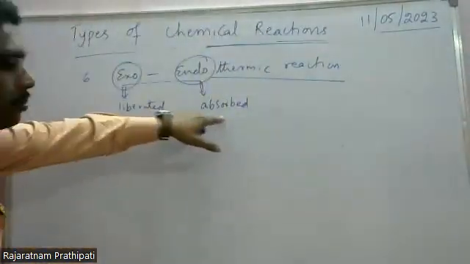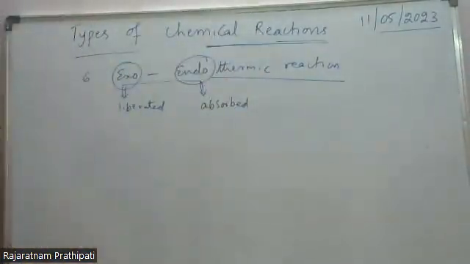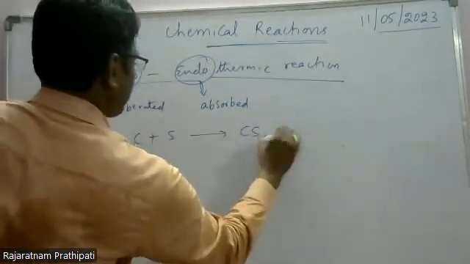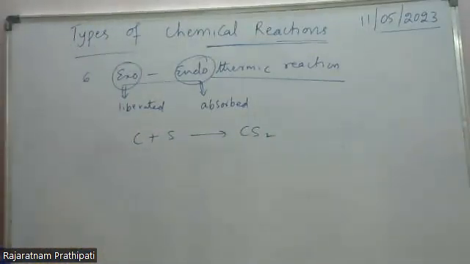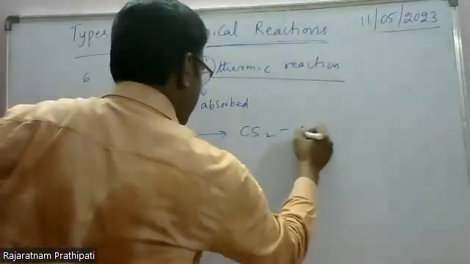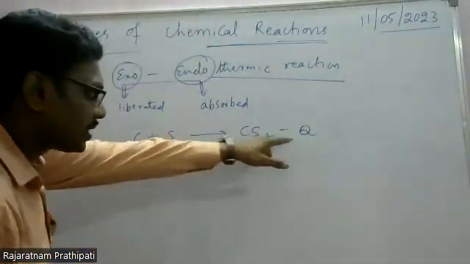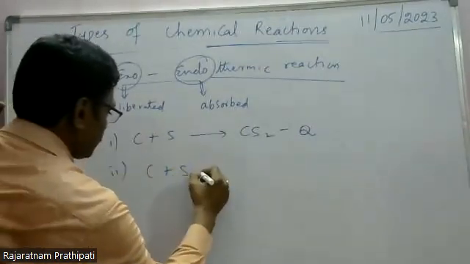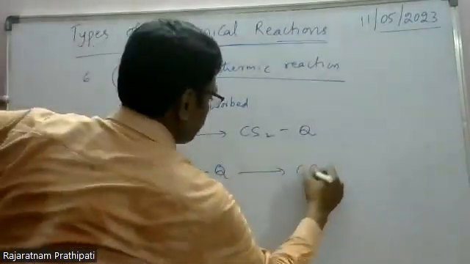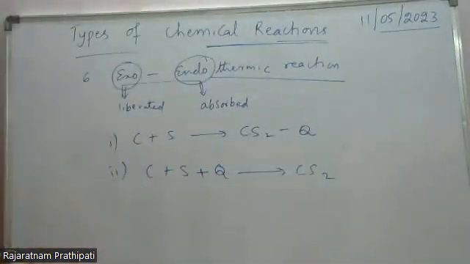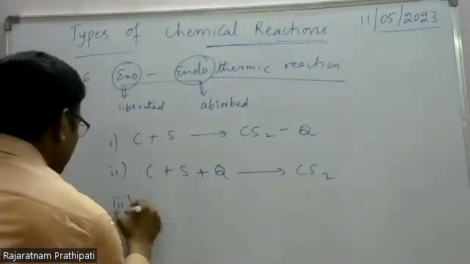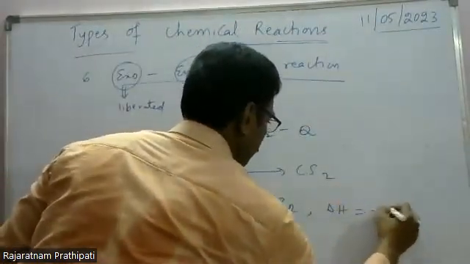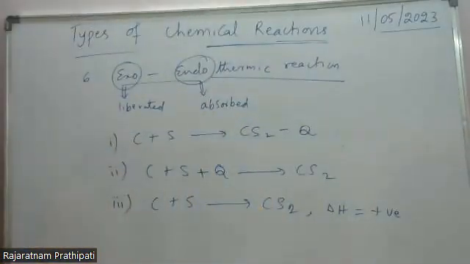Similarly, in the case of endothermic reaction, endothermic means what? Heat is absorbed, heat is required, energy is required. In the case of carbon plus sulfur gives rise to carbon sulfide CS2, look at this, product side minus Q. Here C plus S plus Q gives rise to CS2, or C plus S gives rise to CS2 and delta H is equal to positive.